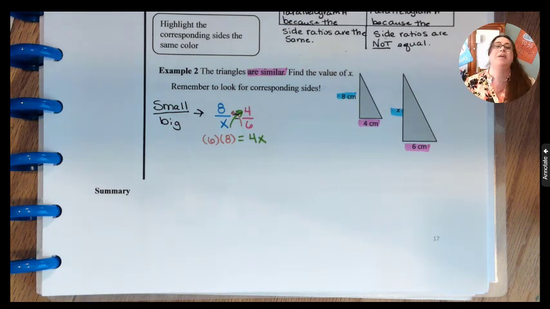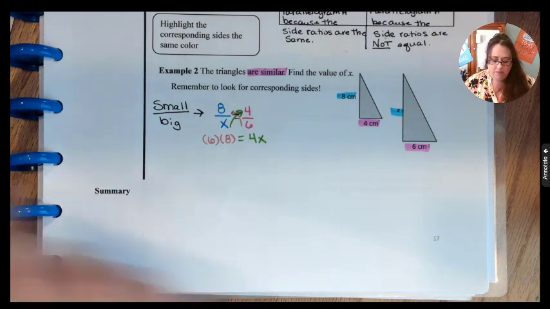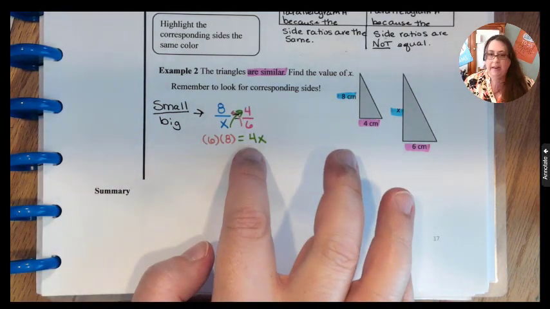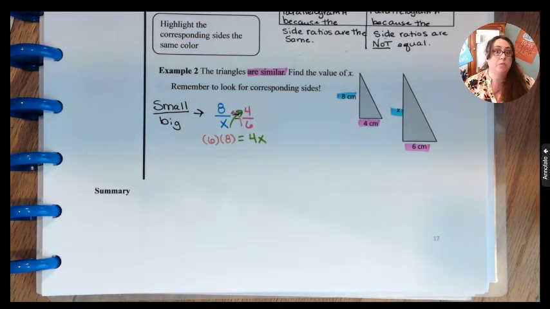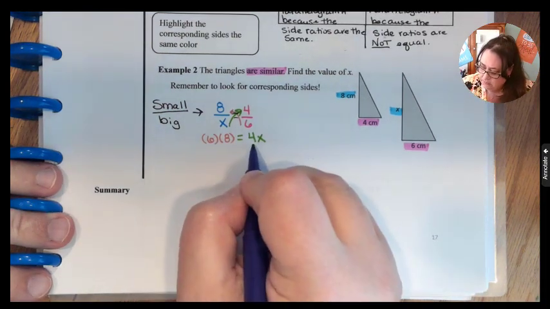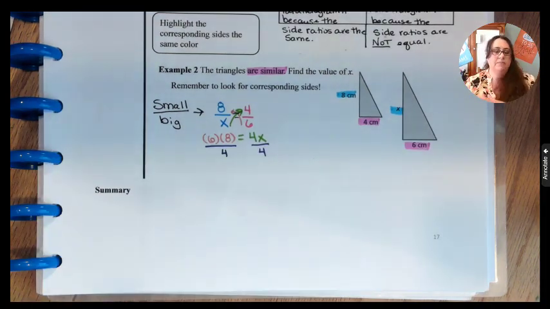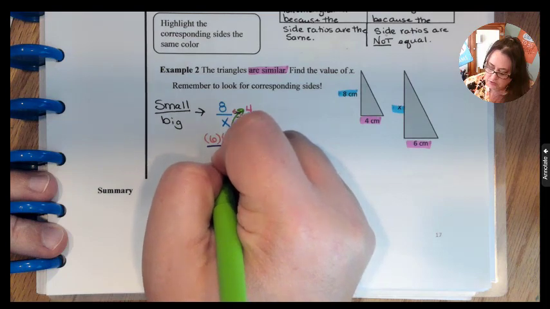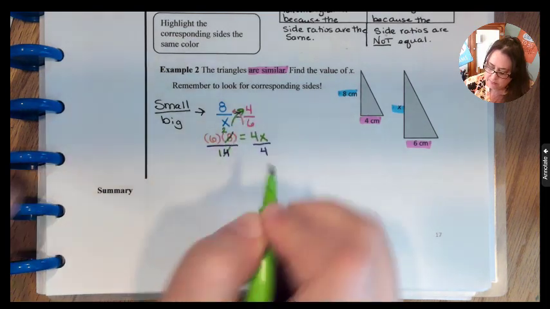Now I have an equation that doesn't have all the fraction bars, which makes it a little bit easier to solve. So now what do I want to do? To undo 4 times X, I'm going to do division. I can either do 6 times 8 is 48 and divide by 4, or I can do some reducing up front, which I always like to do. 4 goes into itself once and into 8 two times.